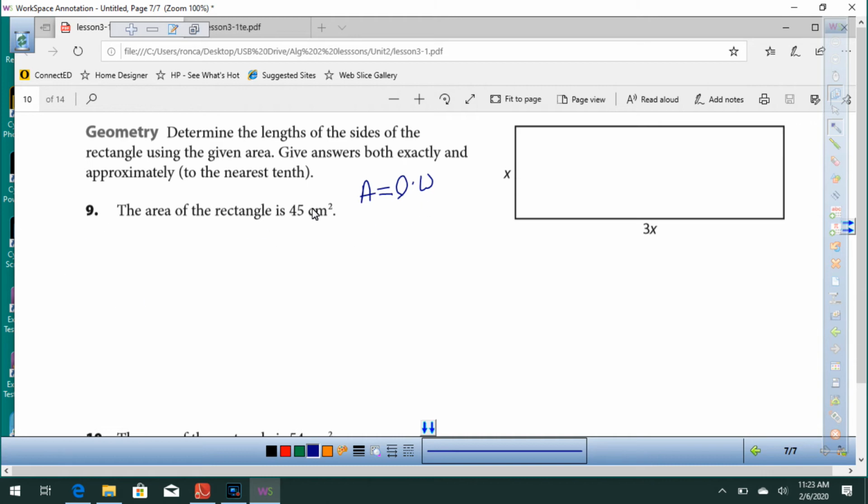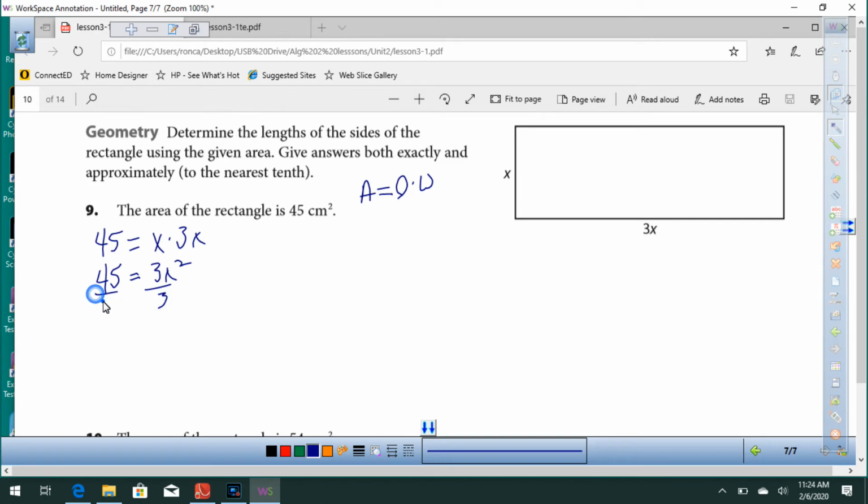We've been taught that. So if the area is 45, we've got x times 3x, right? That's length times width. What happens here is some people will make that 4x, and it's really supposed to be 3x squared.